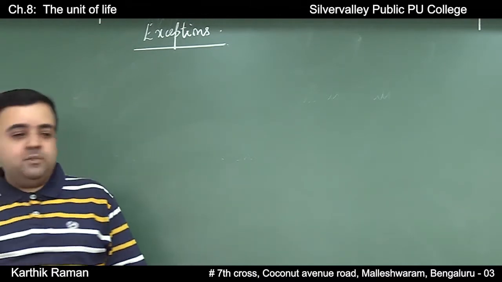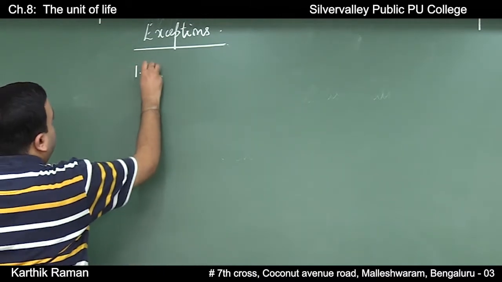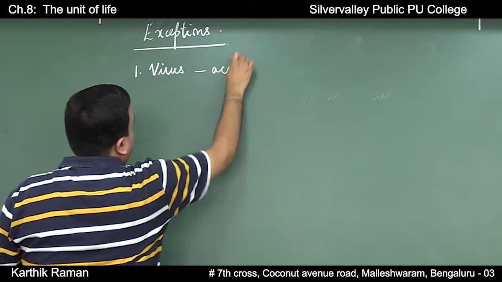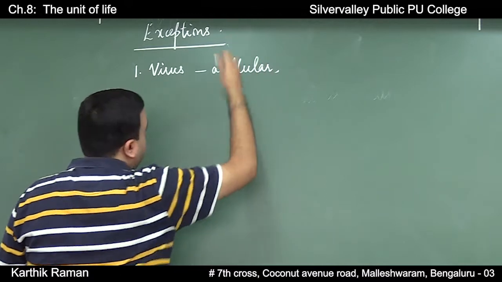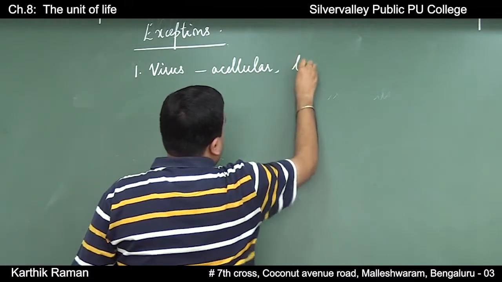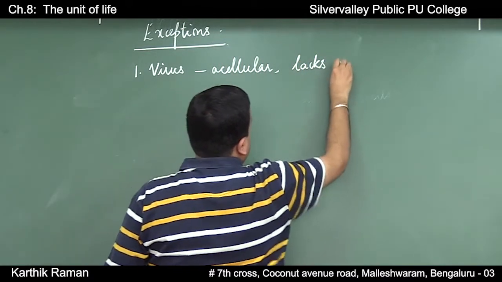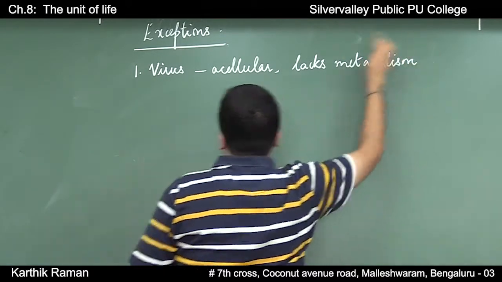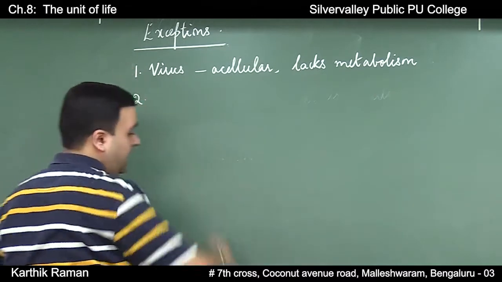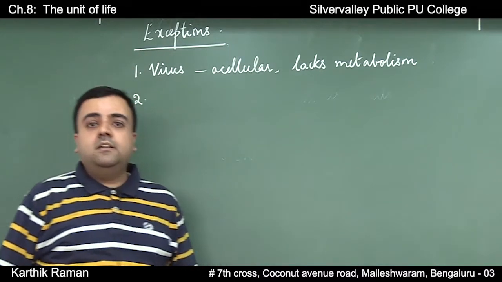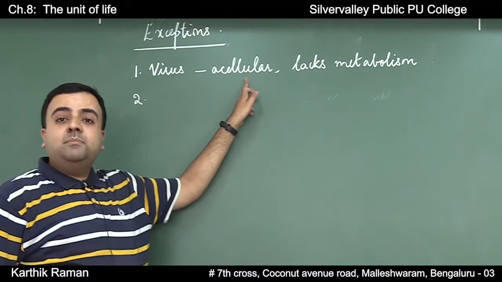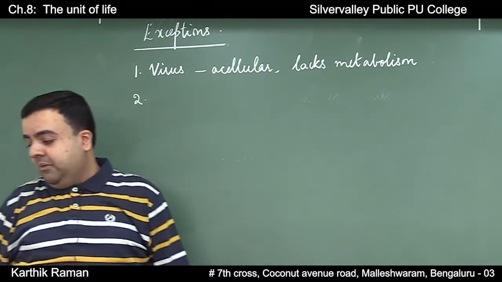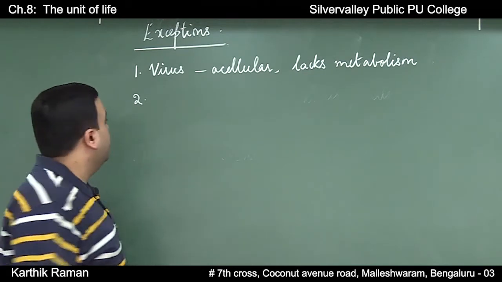The exceptions will be that a virus is acellular and lacks metabolism. So viruses are acellular, that means they do not have a cellular structure and they do not perform any metabolic functions.